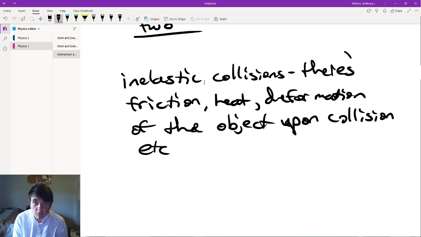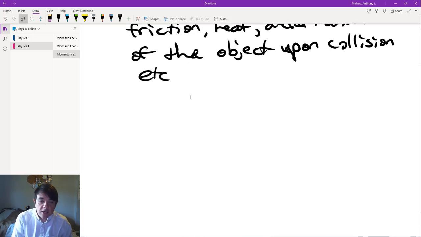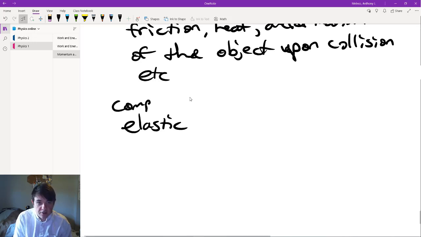Just like with energy, if there's friction involved, you're losing energy to whatever that non-conservative work is. So you can think of inelastic collisions as just the analog to non-conservative work. Elastic collisions, so completely elastic, is usually what I'm going to focus on.